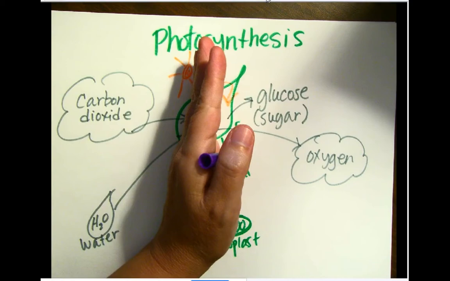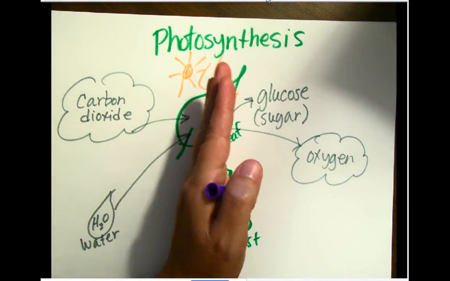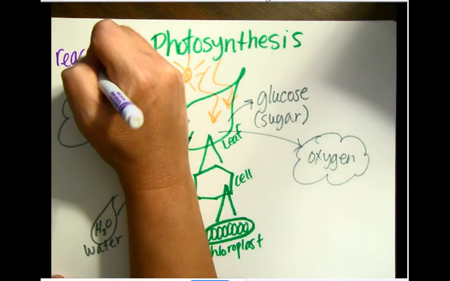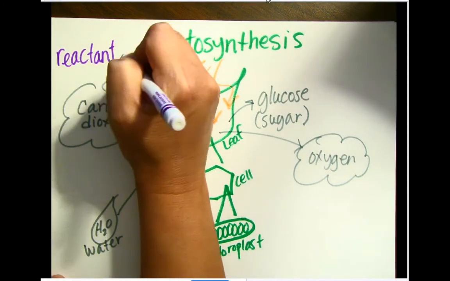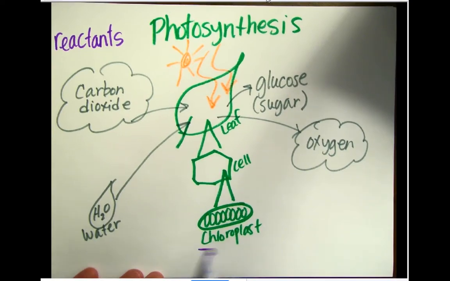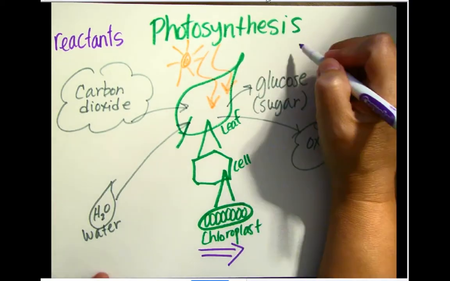Before a chemical reaction happens, these materials are called reactants. Okay? Then a chemical change happens and transforms them into something new. Those things that are something new are called products.